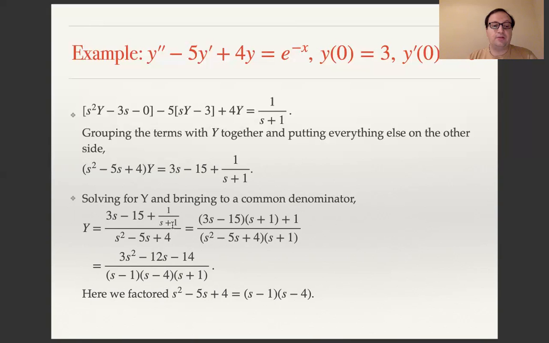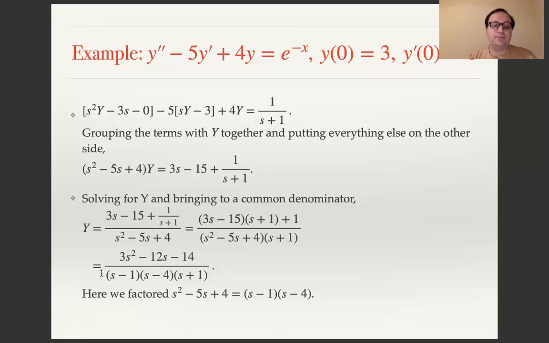So bringing this to a common denominator, we get that this is the same as 3s minus 15 times s plus 1, everything plus 1, over the common denominator, which is s squared minus 5s plus 4 times s plus 1. And carrying out the multiplication on the top, we get 3s squared minus 12s minus 14.